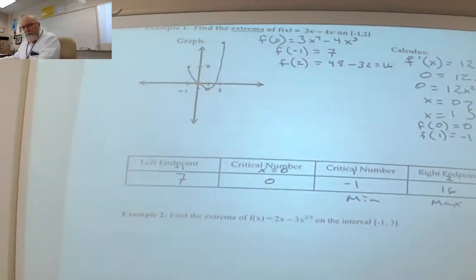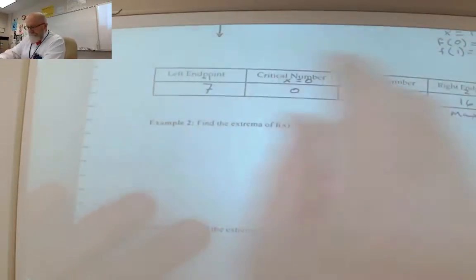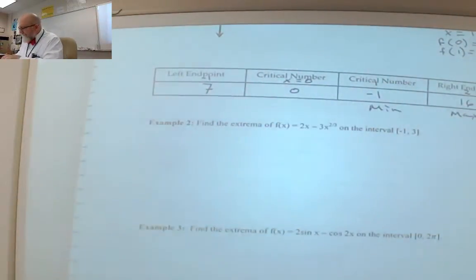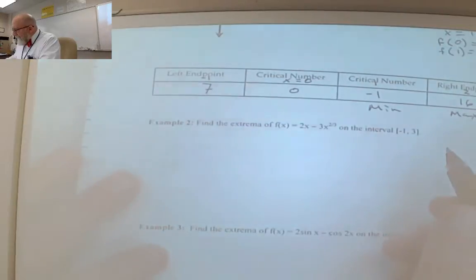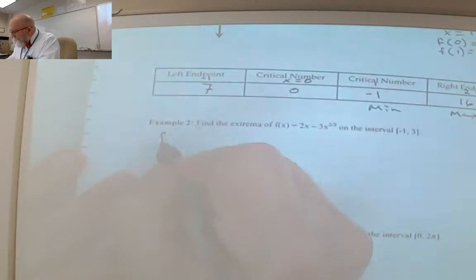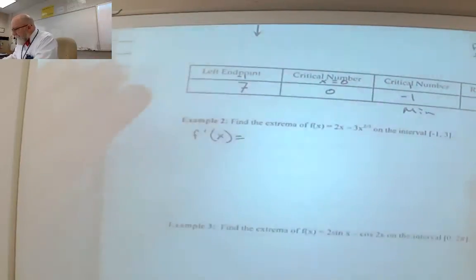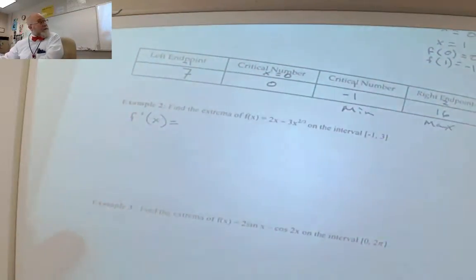Now, let's take a look at number 2. I'm going to find the extrema. One of the things I'm going to do is I know I have to take the derivative. Tyler, can you take the derivative of that for me?